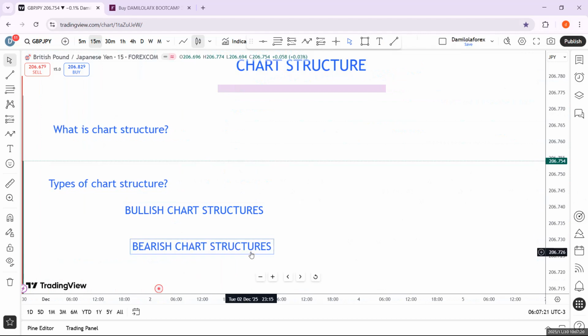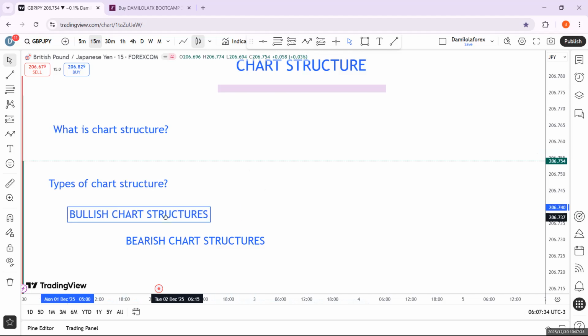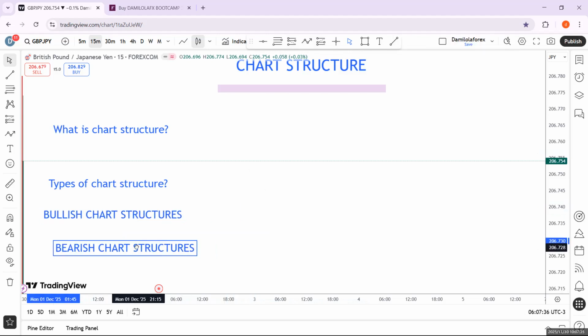It's important to note that the bullish chart structures entail coordinated movements of prices in clear structures of higher highs and higher lows, while the bearish chart structures entail coordinated movement of prices in clear structures of lower highs and lower lows.